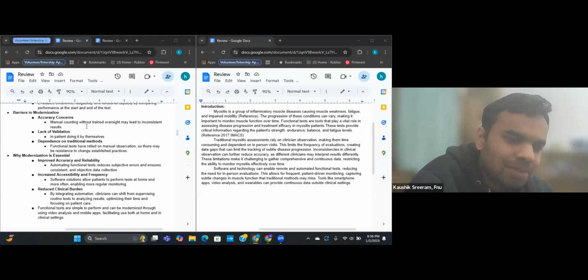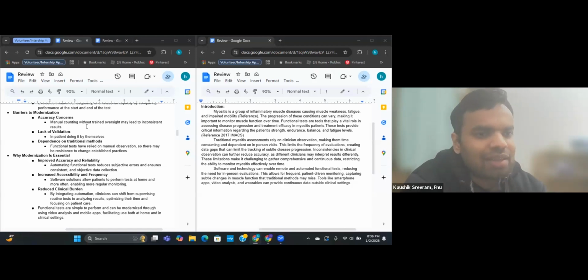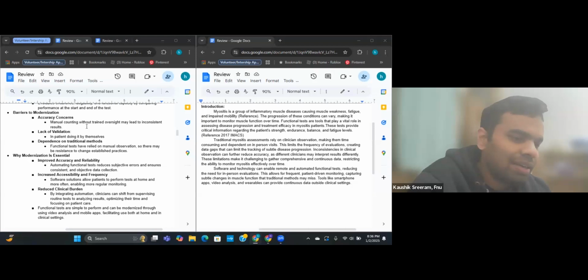They've already created an app. And in 6-minute walk test, if the guidelines in IMAX says you have to walk in a straight line on a flat surface for 100 meters, come back again and do that for 6 minutes, right? And we have validated that. It's the same technique, same app can be used for myositis as well.